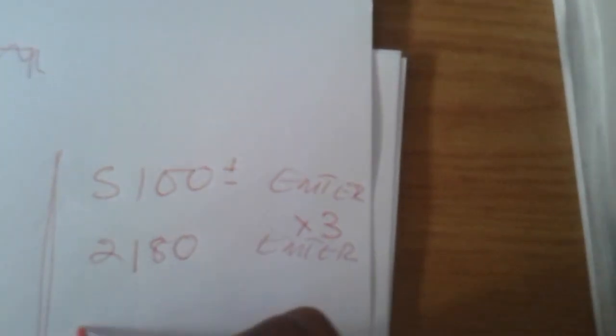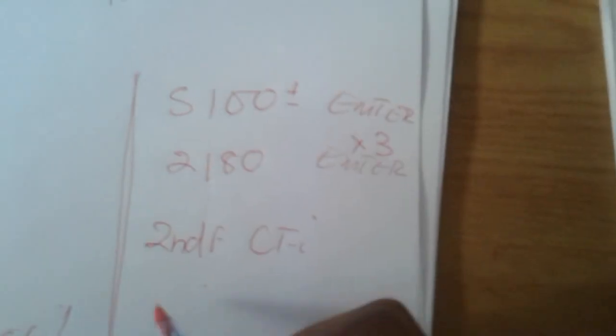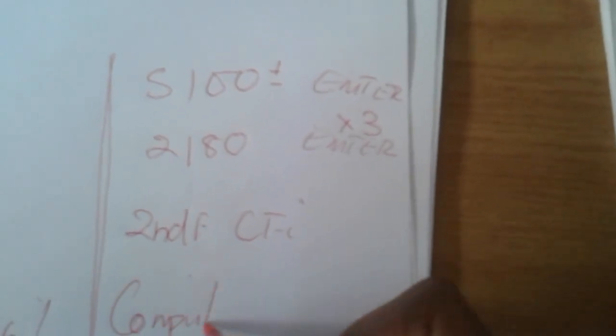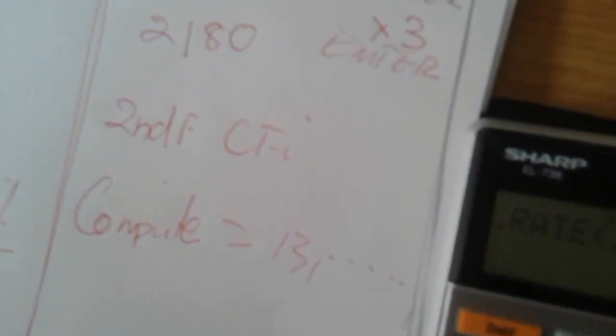So enter times 3, then you say second function CFI, then it will take you to a rate. Then you simply press compute, and your answer is 13 point what. Okay, so that's using the calculator.